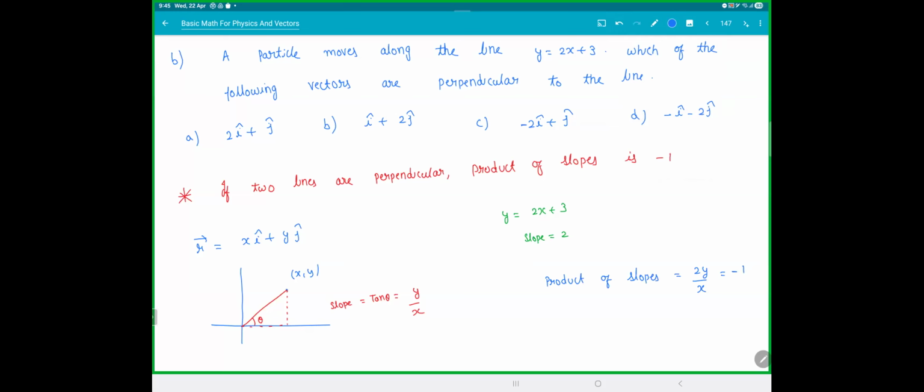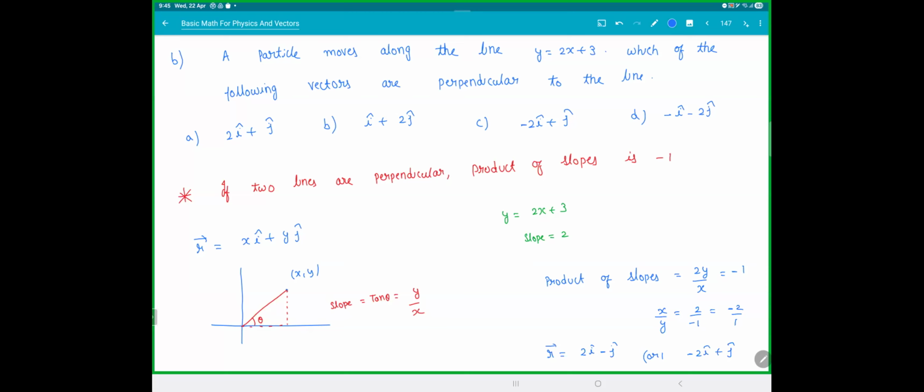So what does this tell you? That y by x must be in the form of -1 by 2. Or let me write it like this: the x coordinate and the y coordinate should be in the ratio of 2 by minus 1 or minus 2 by 1, meaning the vector should be either 2i minus j, or minus 2i plus j.